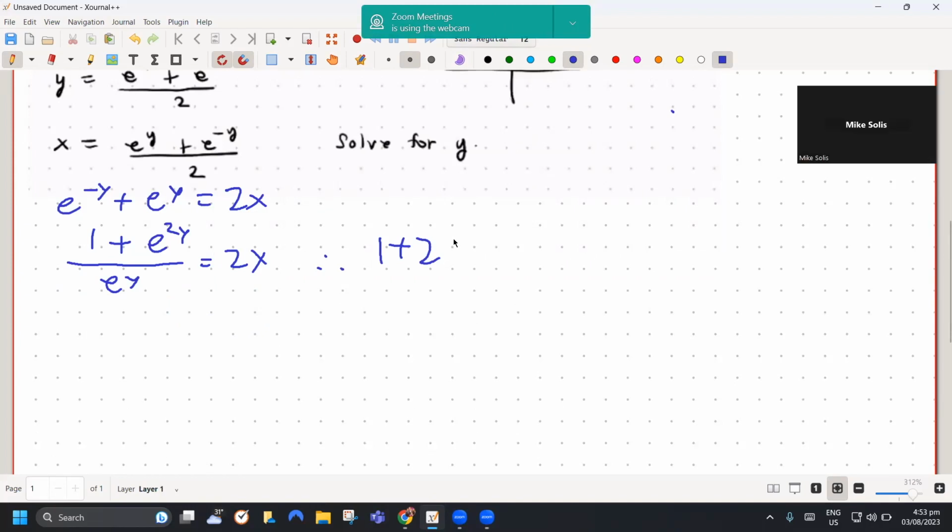Actually, yun yung pwede mong gawin dyan. Multiply by, gawin mo siya step by step.